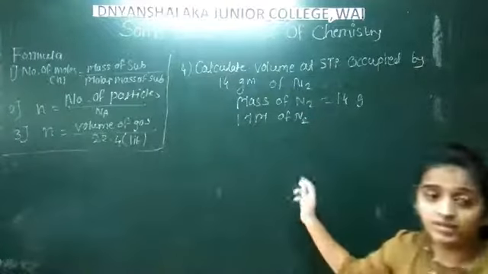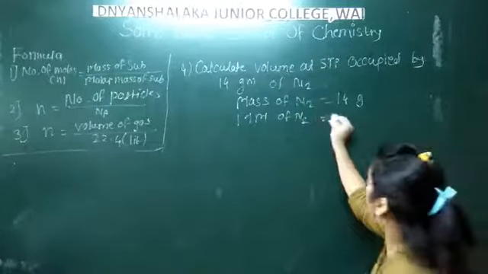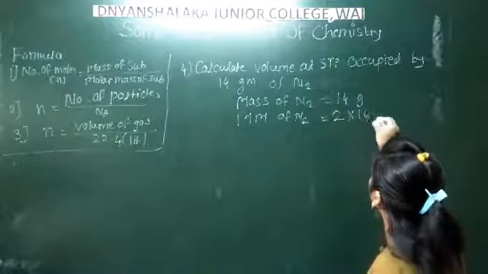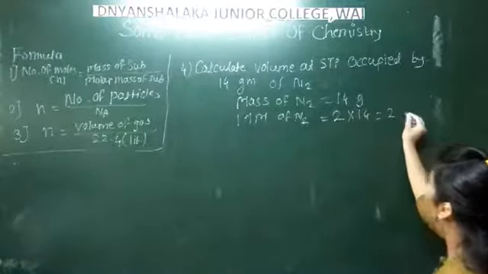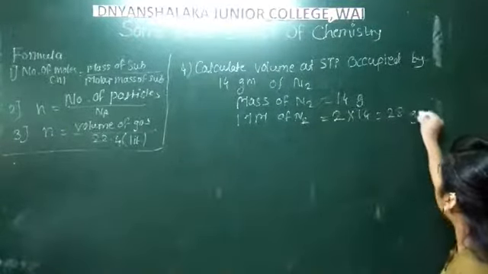Since it is a nitrogen molecule, 2 into 14. So the molecular mass, or molar mass, of nitrogen is 28 gram.